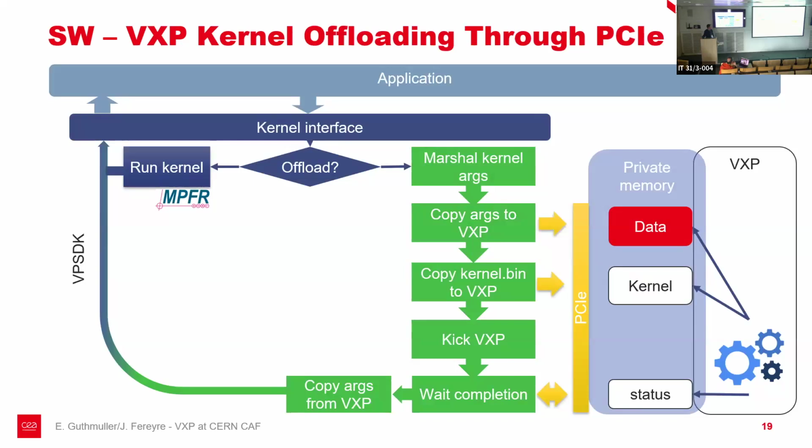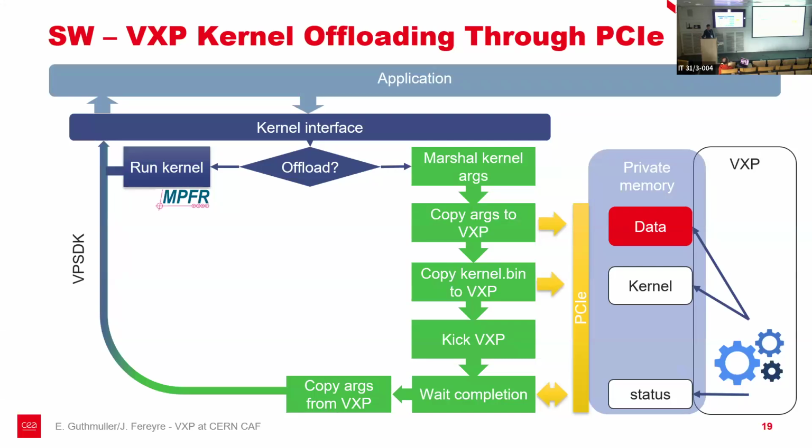How we deal with the offloading procedure using the PCI bus is we provide a kernel interface to the application, which is quite transparent for the developers, and it allows dealing with offloading or not by selecting an environment variable. If we choose not to offload, it runs through MPFR emulation.